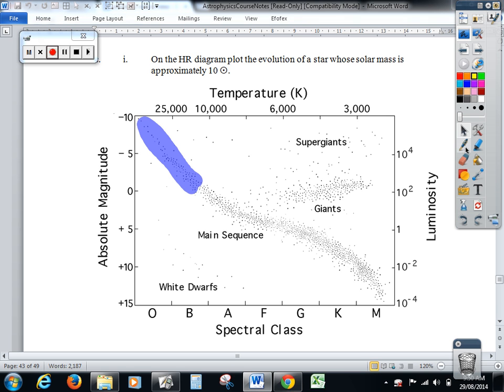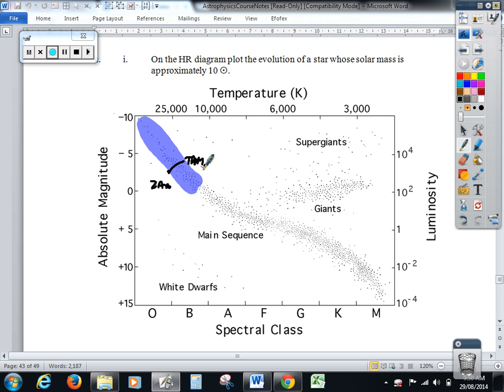So once again, we start our life as a ZAMS, and we become a TAMS, same thing as always. Now, remember, we are already a bright blue star. We are already as bright as we really can be. The only thing that will happen is, as we get larger, we will become slightly more yellowy or reddy colour.